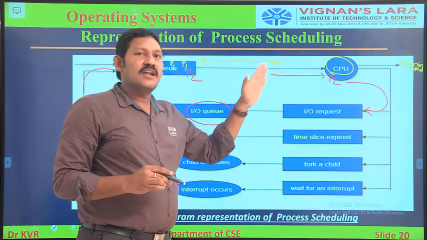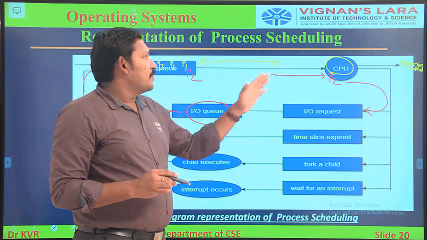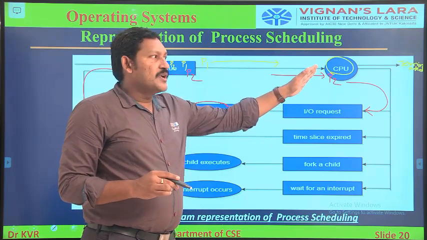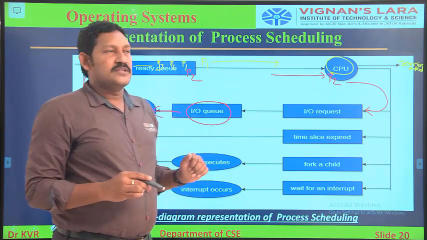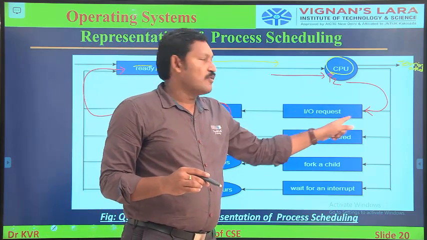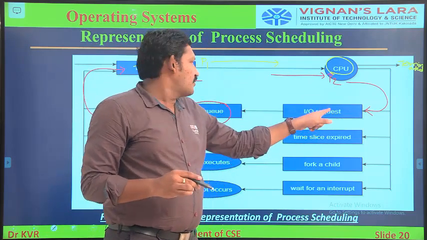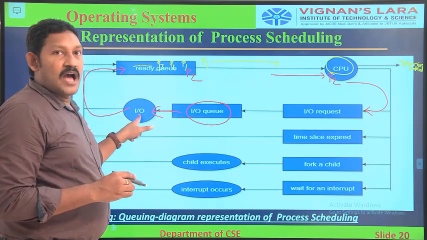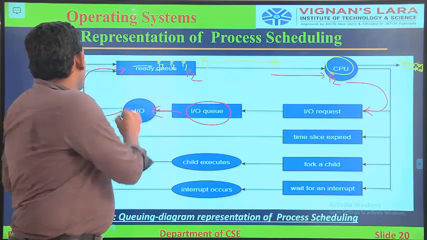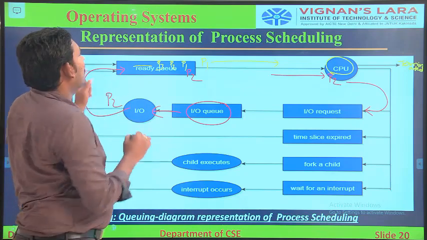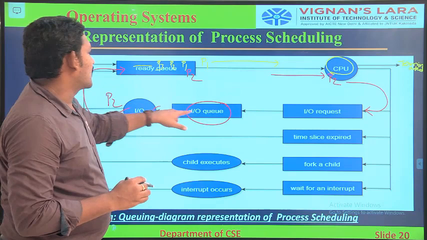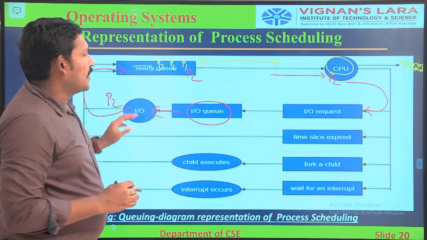While executing process P2, let us assume that P2 has to undergo some IO operation. So it has made an IO request, and that request was kept in a queue. After undergoing that IO operation, again this process P2 will be kept in the ready queue. So this is the use of the IO request, IO queue and IO operation.